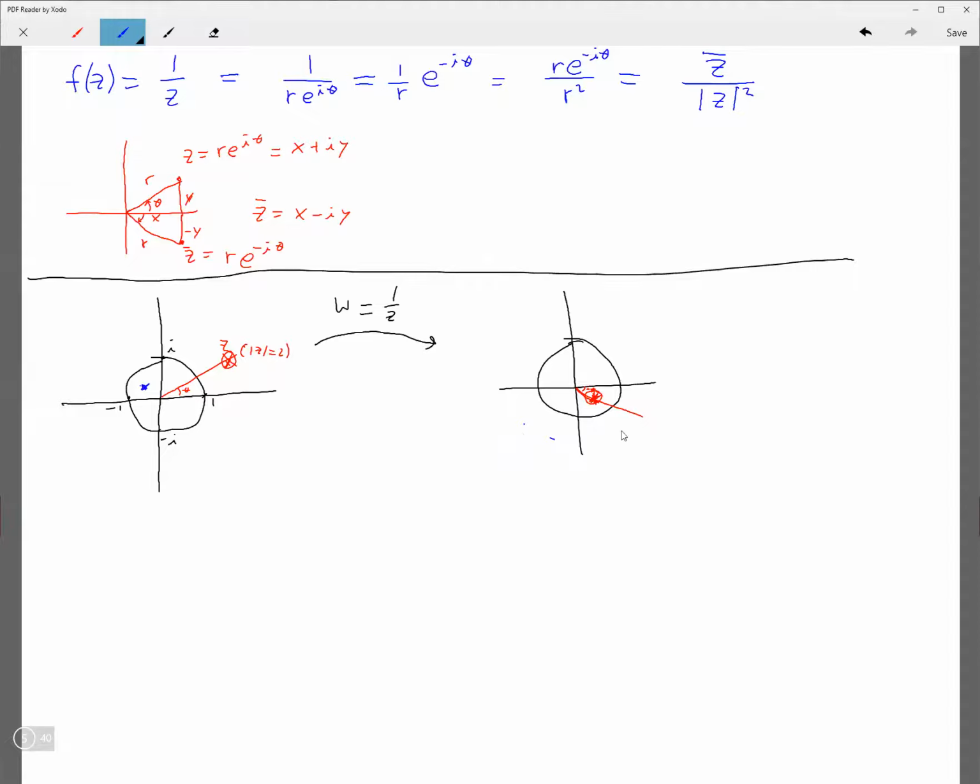First, second, third, or fourth? Third, right? Because the conjugate puts it down there, and then you magnitude it out. So it's going to be actually right over here somewhere. So that point's going to go to there.